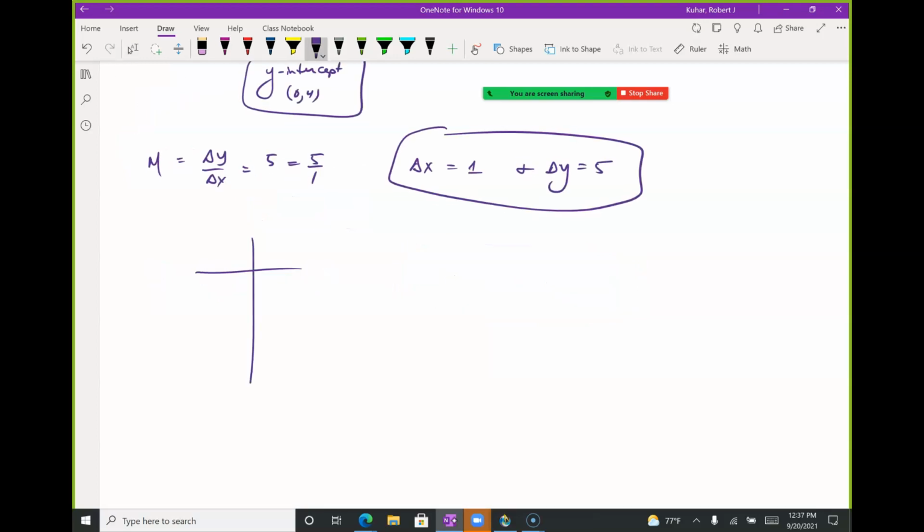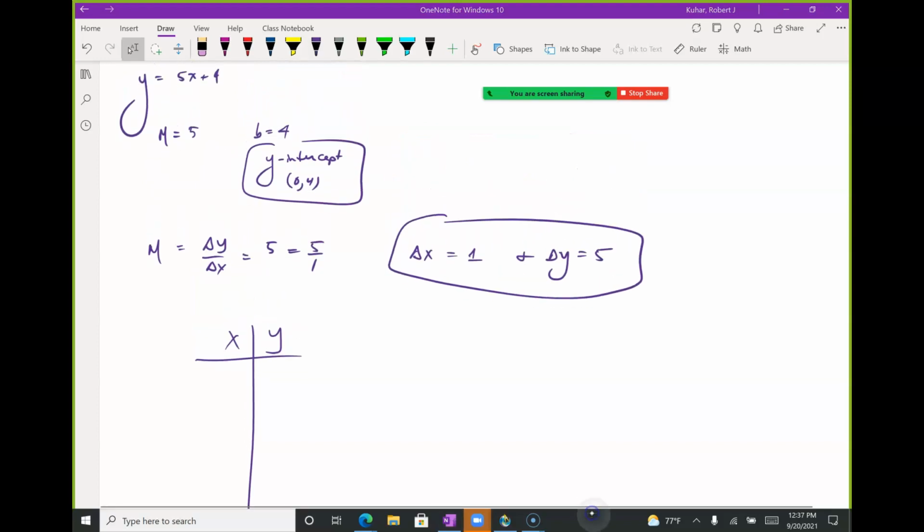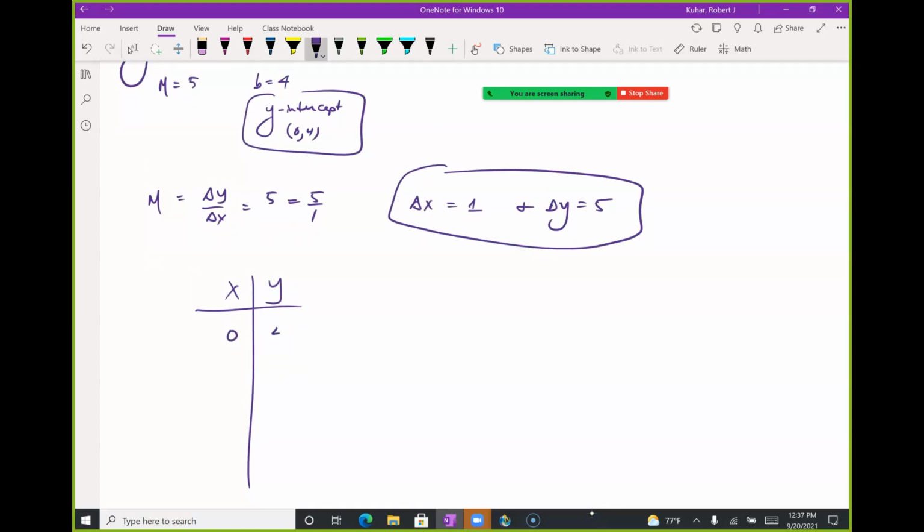So I can generate a table pretty quickly. At 0, I get 4. There's my intercept. And it's saying to me I should move my x's by 1, so 1, 2, 3, and then my y's by 5, so 9, 14, 19.